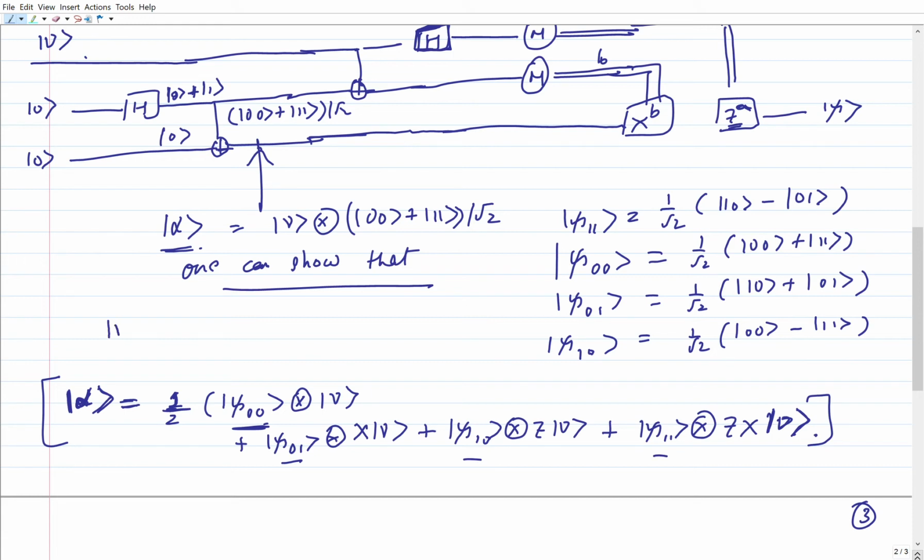So what you can do is take V as any arbitrary state and try to see that this indeed is true.